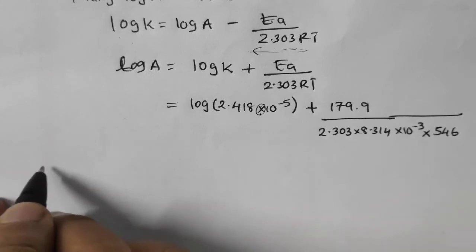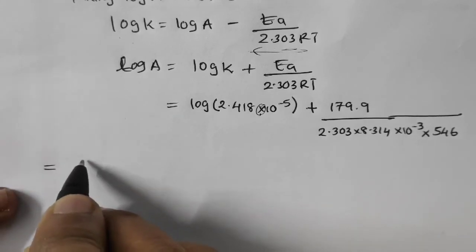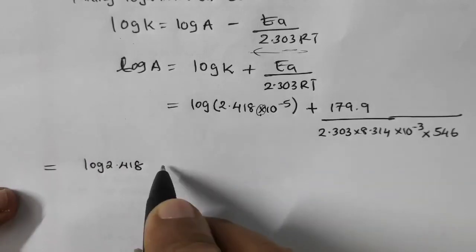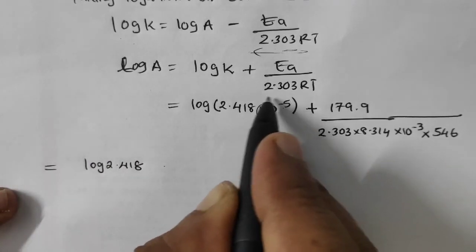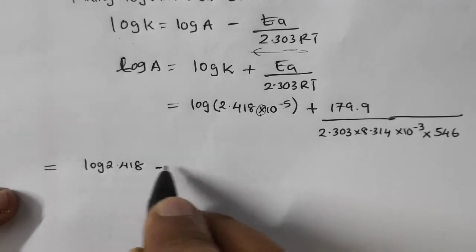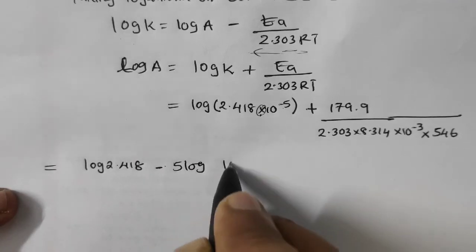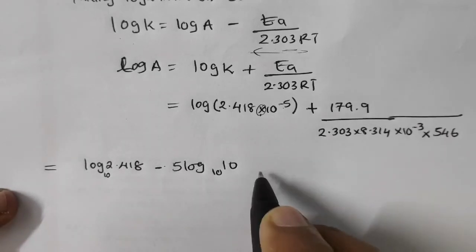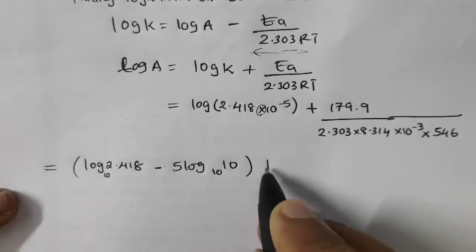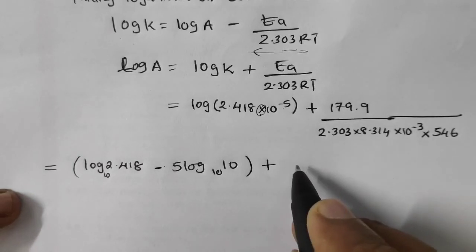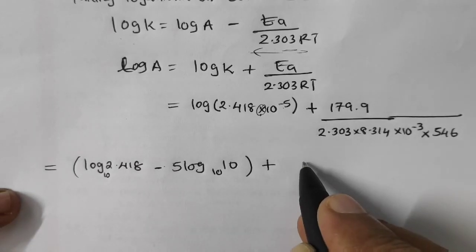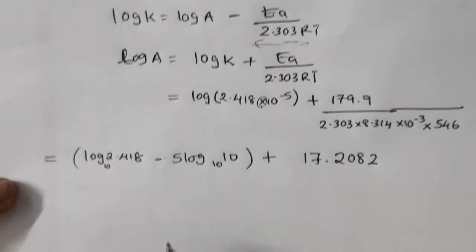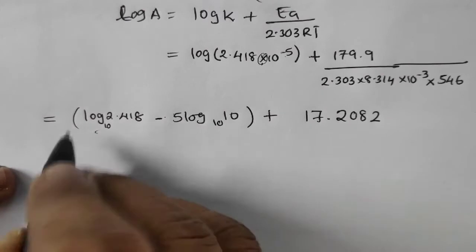So I will write it from here because it requires some space: log 2.418 minus 5 log 10, all to the base 10, so remember this. Plus, if you simplify all of this, you will get 17.2082. Now we'll find the log for this.